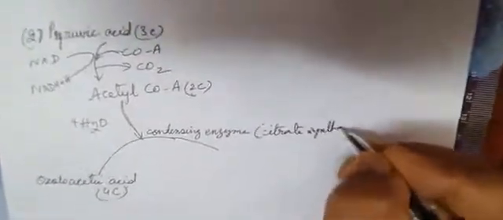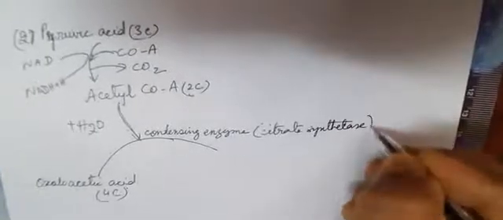So this acetyl coenzyme A is a 2 carbon compound, and oxaloacetic acid is a 4 carbon compound. Then the condensation reaction will take place. So the condensing enzyme, that is citrate synthetase, will act here.